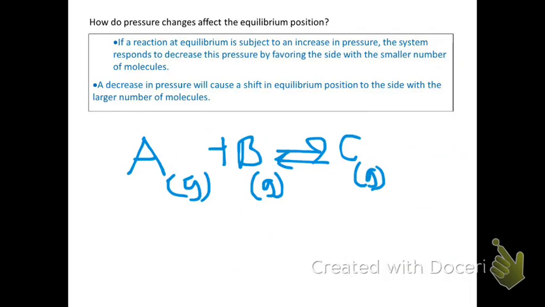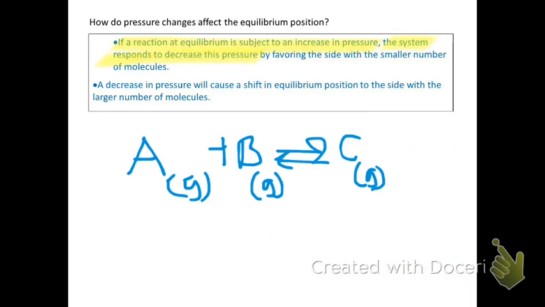So if the reaction equilibrium is subject to an increase in pressure, the system will respond to decrease the pressure. Again, it wants to do the opposite of what I do. So if I increase the pressure, the system wants to reduce the pressure. How is it going to do that?